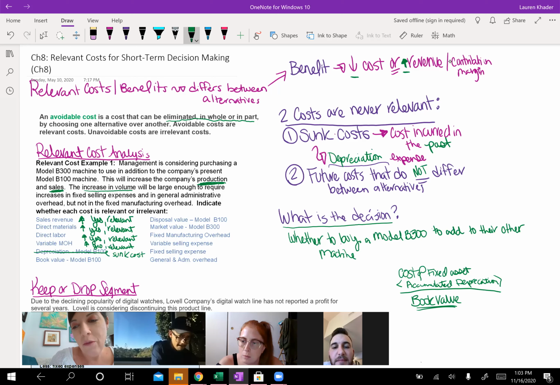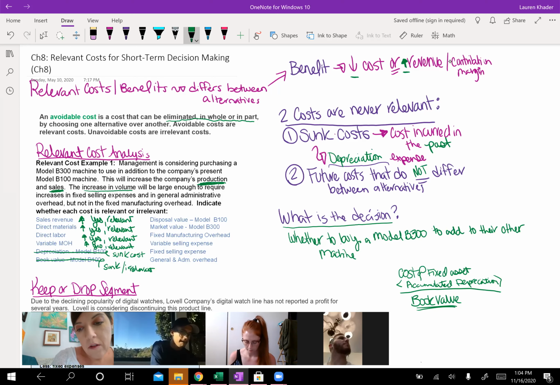So book value by default is a sunk cost. And the other reason is we're not selling B100, right? No, we're keeping it.